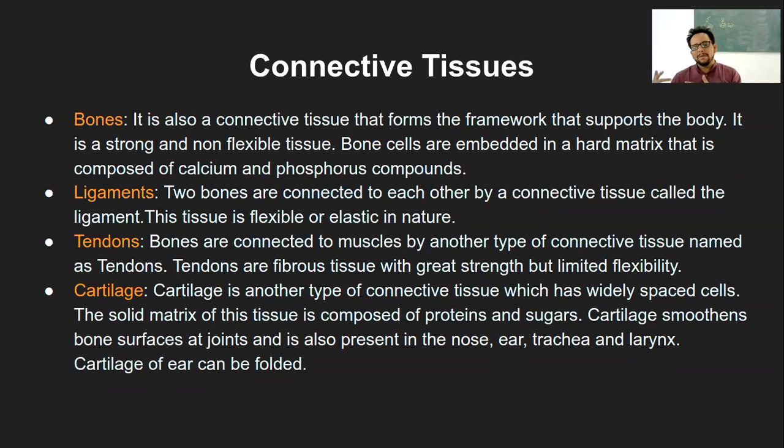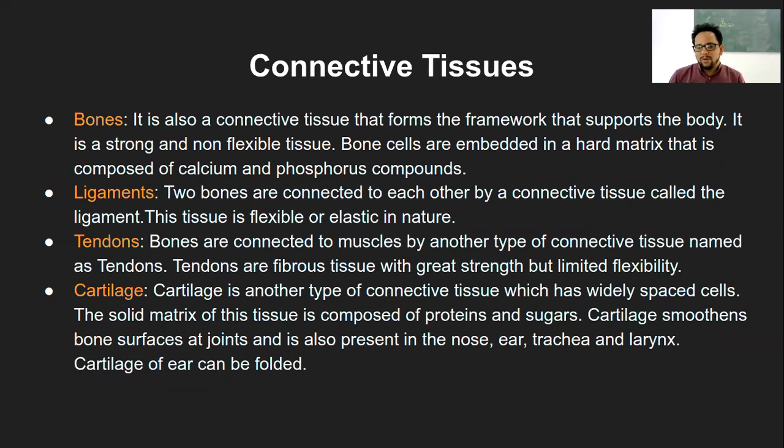Some people are not able to do it because of the tendons in the glute region, that is the hip region, and also the inner groin part. So these are the tendons which are attaching the bone structure with the muscles present in that particular area. I hope the difference between ligaments, tendons, and bones, and of course cartilage, which we'll see, is kind of clear.